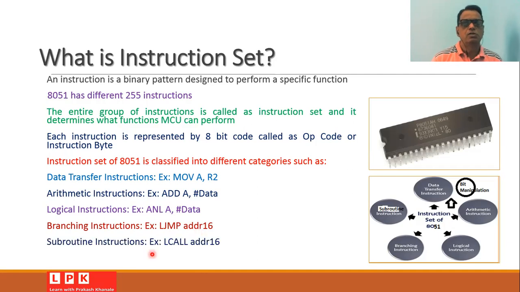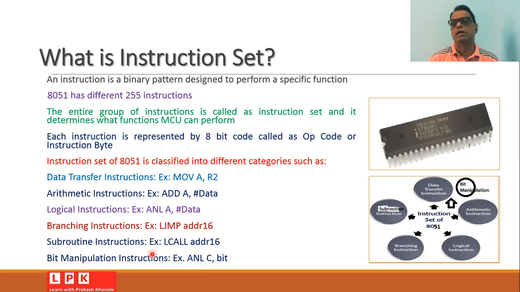Subroutine instructions are also available for the microcontroller unit 8051, and these instructions are of the form such as long call, LCALL, or return, RET. Apart from these, the microcontroller unit provides the facility that the individual bit can be manipulated or changed, and these instructions are called bit manipulation instructions.